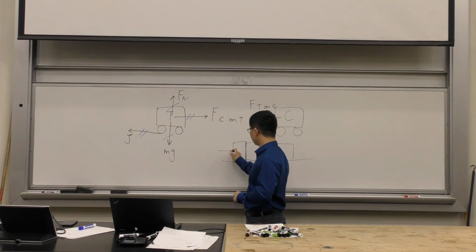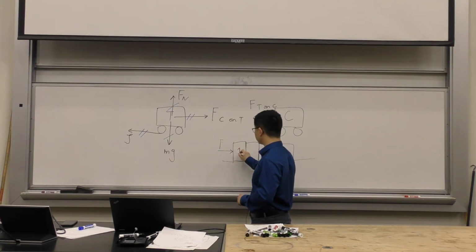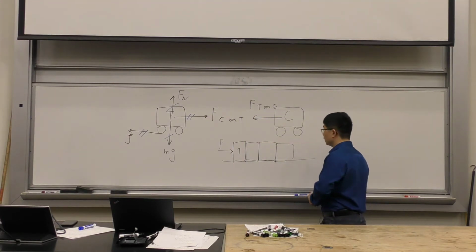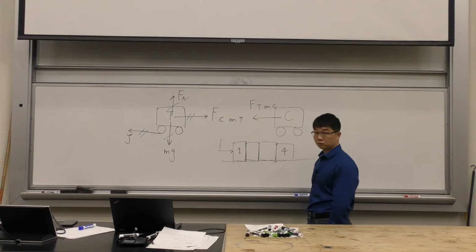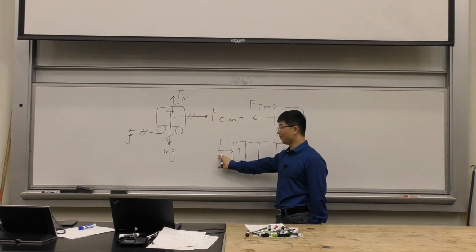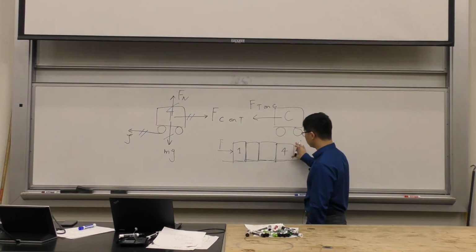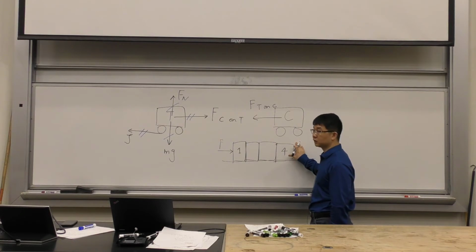Like I push all these objects with 1 force, but only on the first object. And then is that force on, say, the 4th object on the right? If I want to figure out all the forces on this object, do I need to draw that force on the 4th object? That's one of the confusions some people may have, okay?